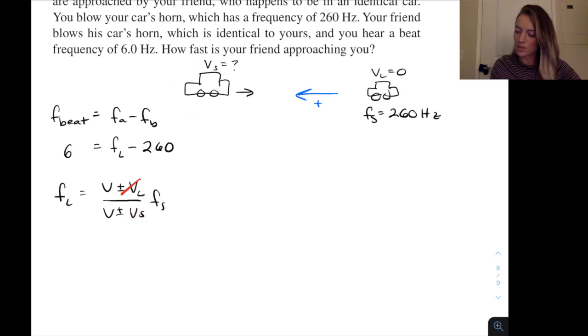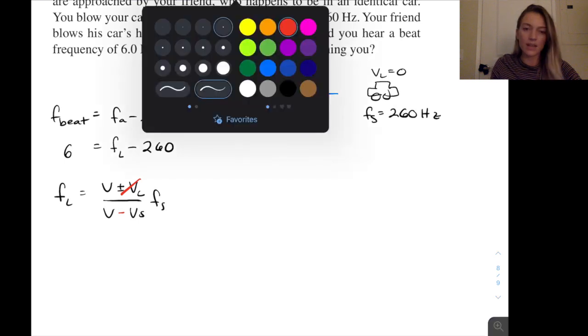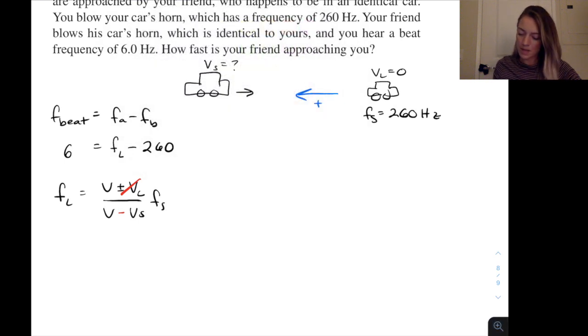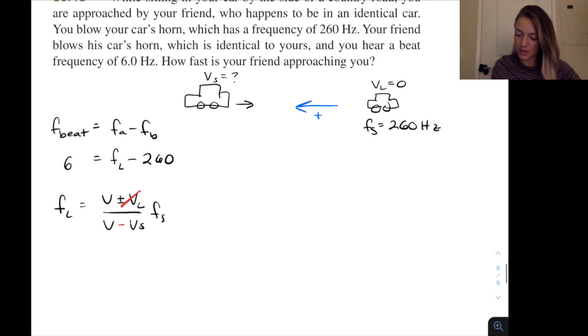The positive direction is from the listener to the source, and our source is moving opposite that, towards us, so this is going to get a negative. We know the speed of sound in air is 344, and since he has the same horn as us, the frequency of the source is 260 hertz. Now we can plug this in and solve for vs.